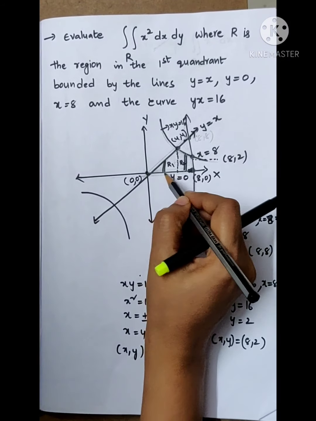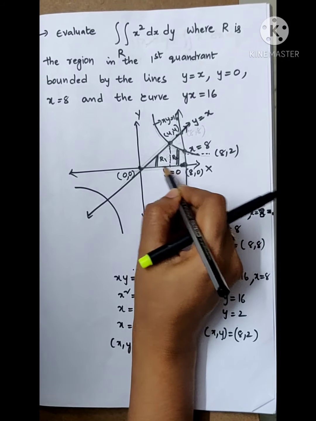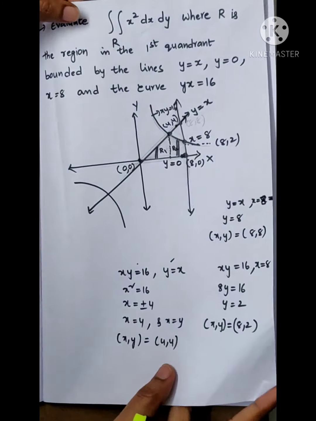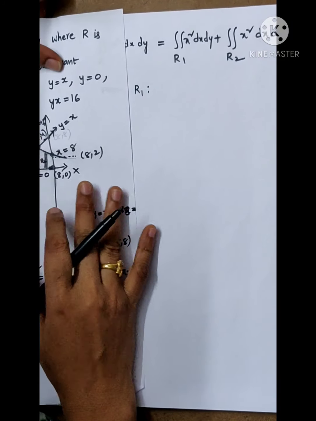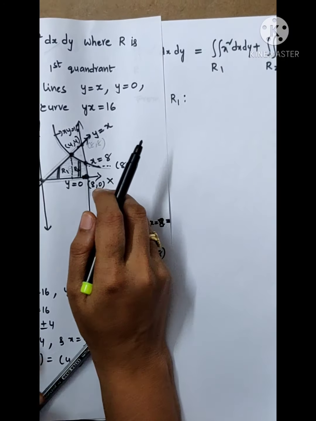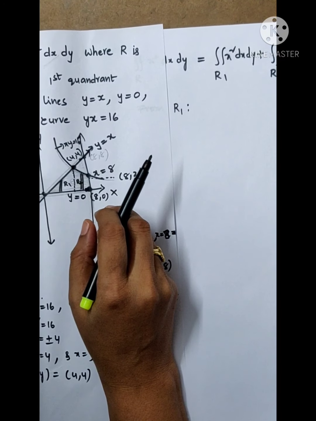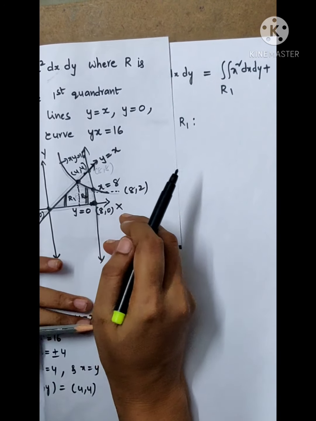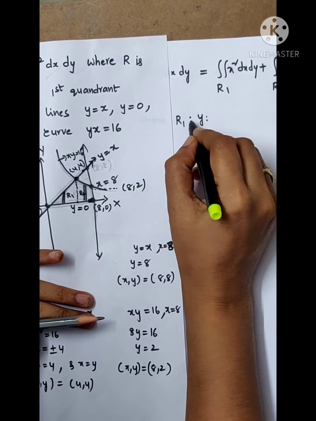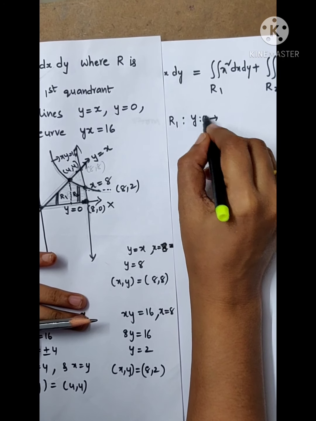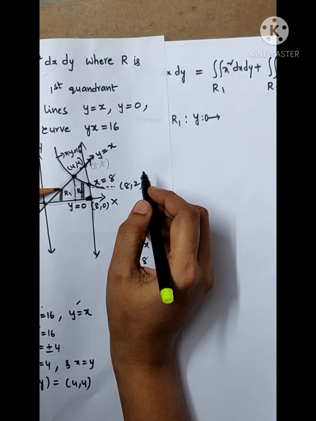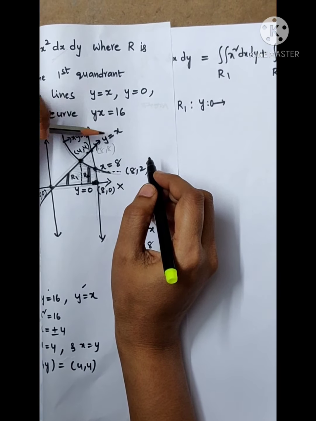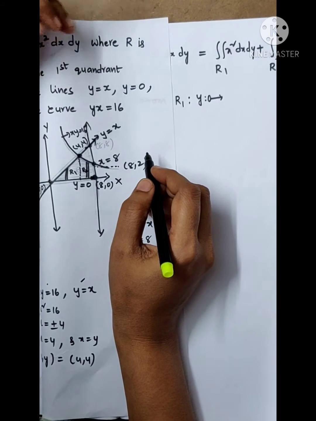In R1, the vertical strip's first end touches the x-axis. The x-axis equation is y equal to 0. Another end touches the line y equal to x, so from this line equation y is x itself.